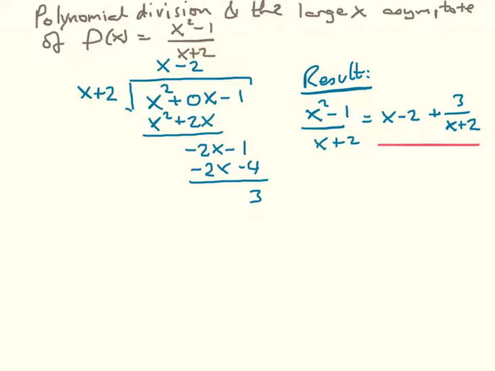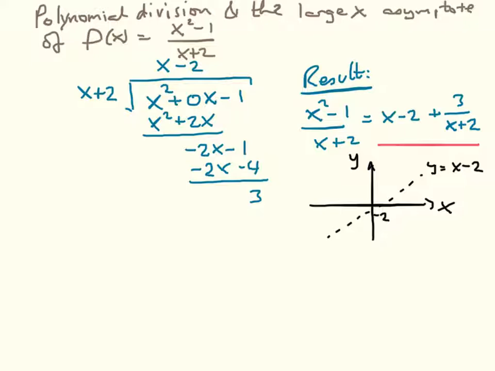So if we draw a set of axes for this function, we have the line y equals x minus 2, which crosses the y-axis at minus 2, and this will be the large x asymptote. So it will approach it this way or this way, and this way or this way down here.